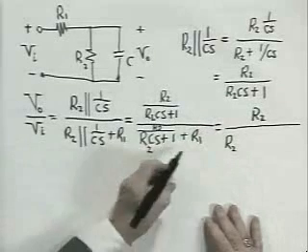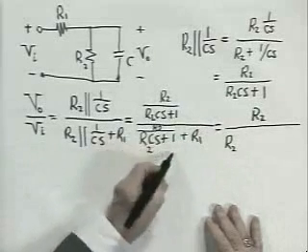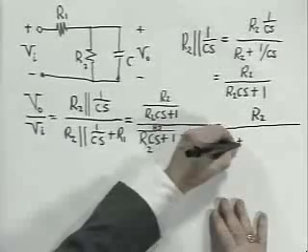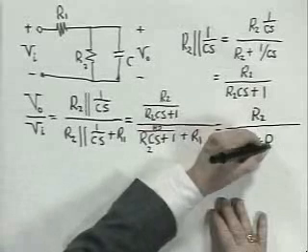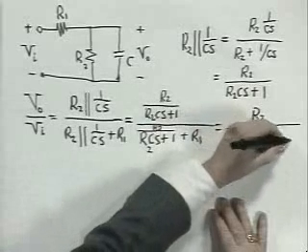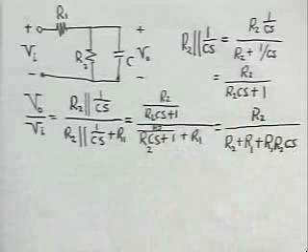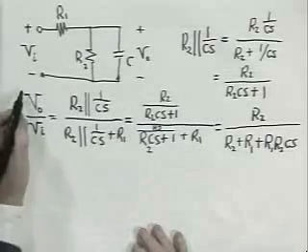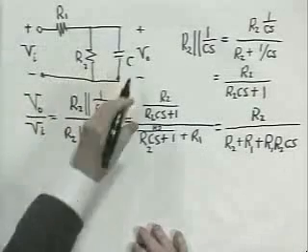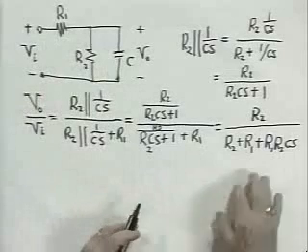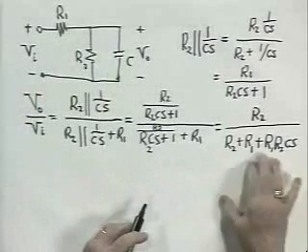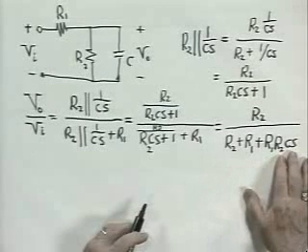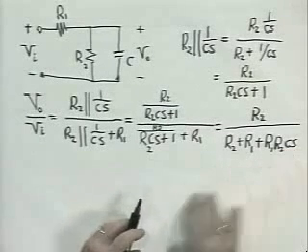Then when I multiply R1 by R2 CS plus 1, I get plus R1 plus R1 R2 CS. So we've got the voltage division ratio of this voltage divider in a rationalized form, in which the frequency dependence is all in the capacitive term and appears here in the denominator.